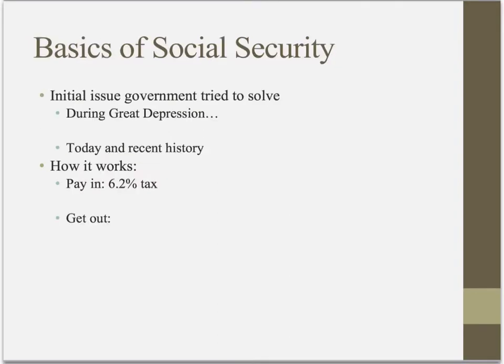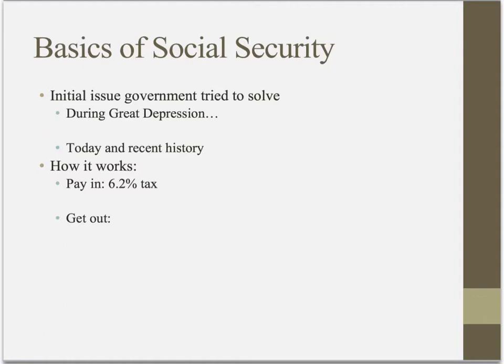So, basics of Social Security. As we talked about in class, anytime the government creates a new public policy, it is to answer some problem that is brought to their attention by the people. Well, the issue the government wanted to solve with the new policy called Social Security was that at the height of the Great Depression, retired persons, or the elderly, had a much higher unemployment rate than the rest of the population.